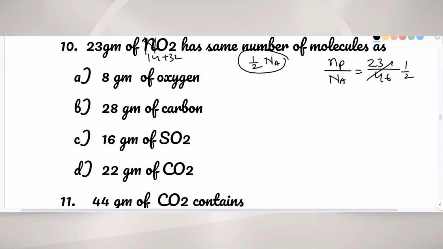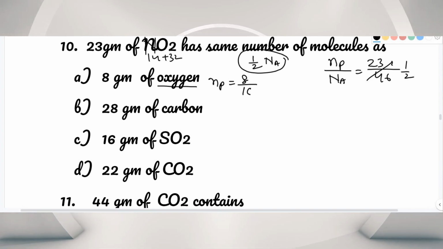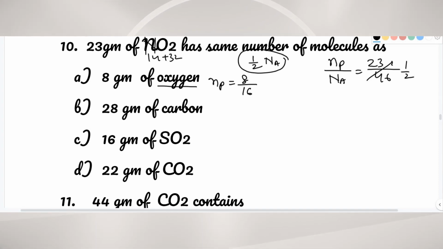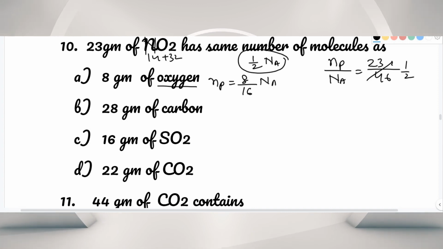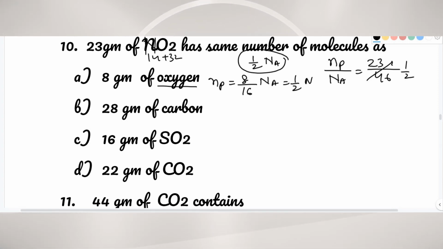8 grams of oxygen has then, following the same formula, number of particles will be 8 divided by 16, I just consider this as oxygen atom because it's written oxygen, times Avogadro number. This is also half of Na.